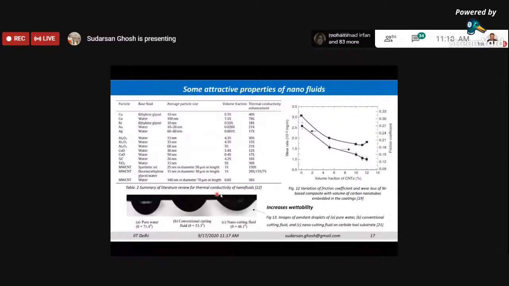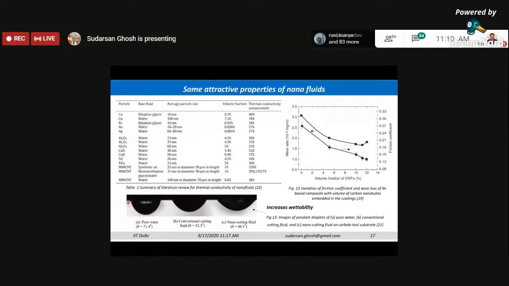On this carbide tool surface, we have put one drop of different fluids. The first one is pure water, the second one is the conventional cutting fluid, and then we have the nano cutting fluids. And we have measured the contact angle.